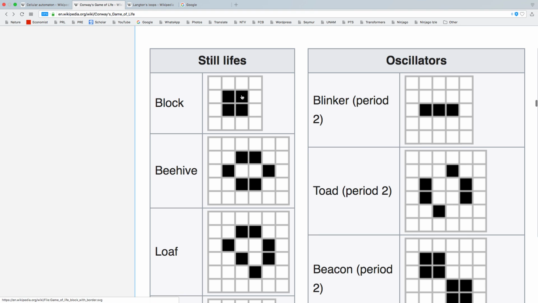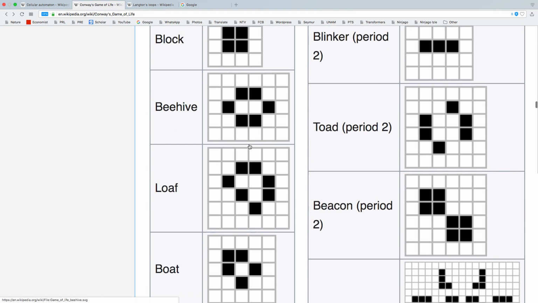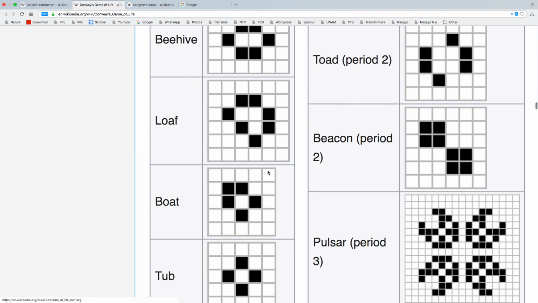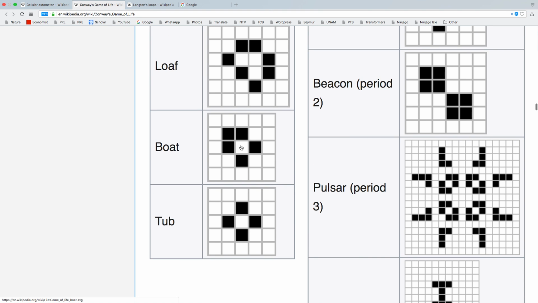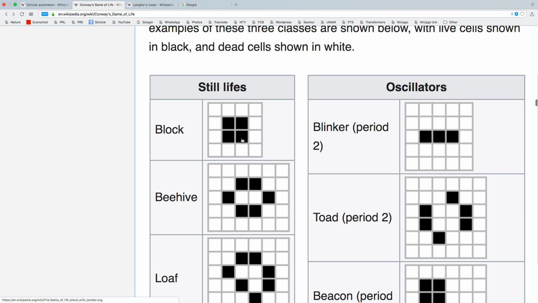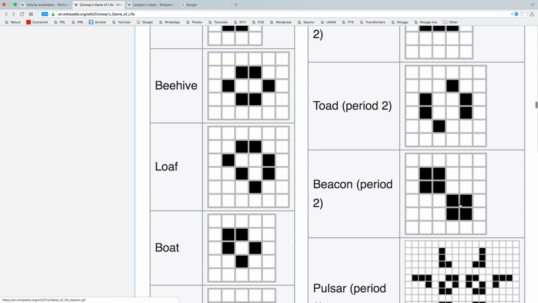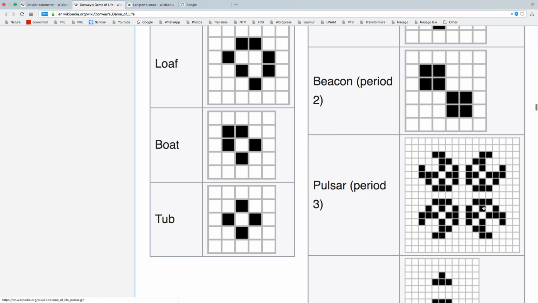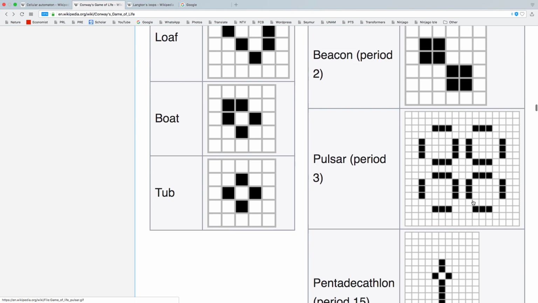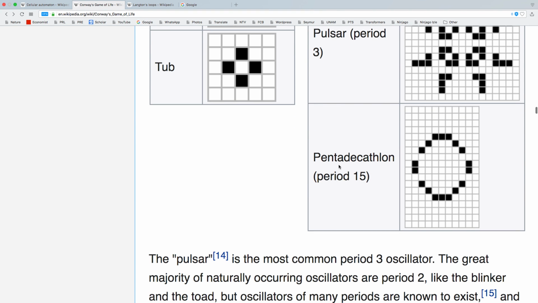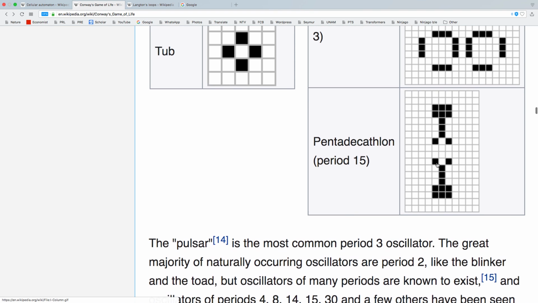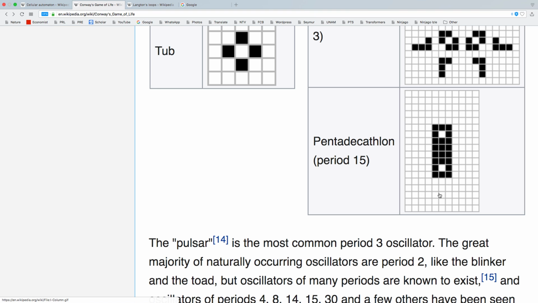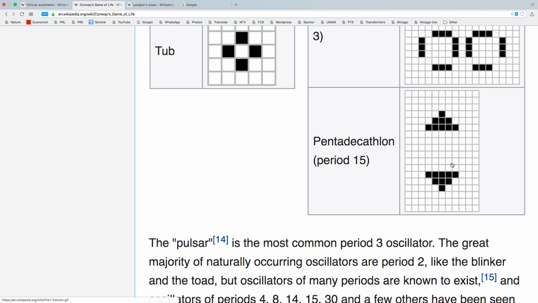So still lives. We have seen all of them in the first run. Did you see? This one, this one, this one, this one. These are still lives, and then there are blinkers like this. There is a pulsar, a really nice structure. And there is this pentadecathlon that has a period of 15.